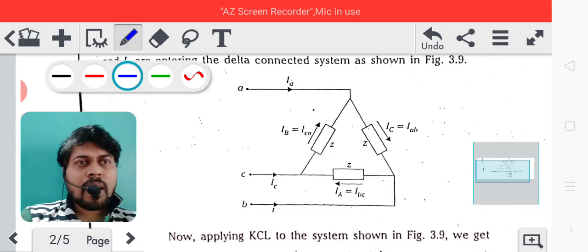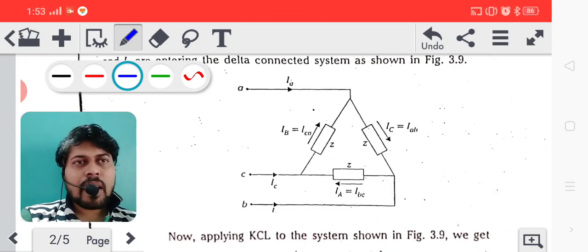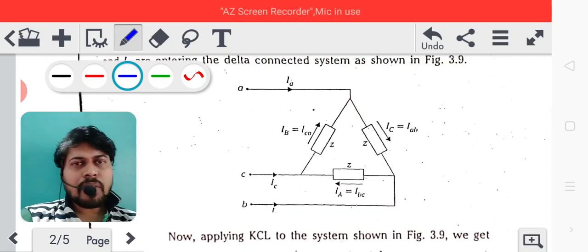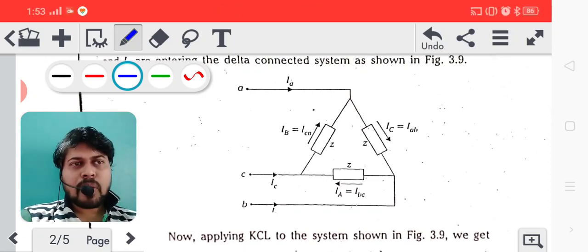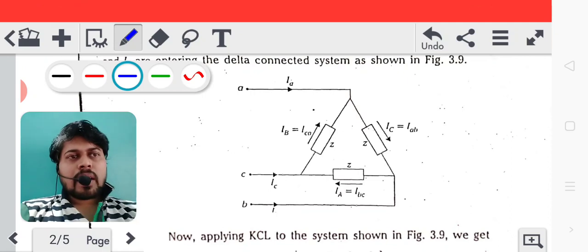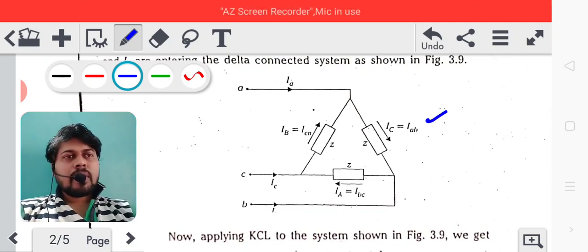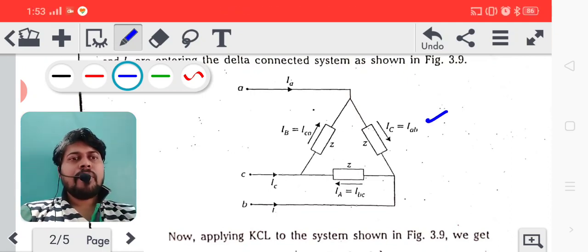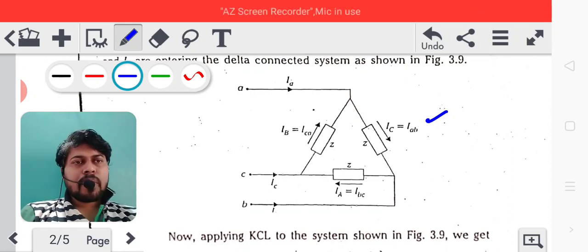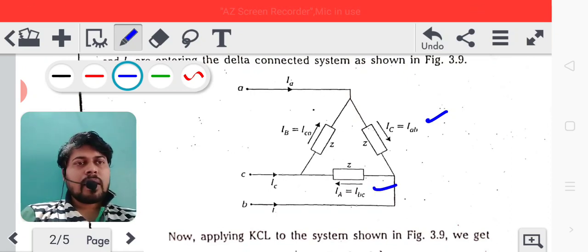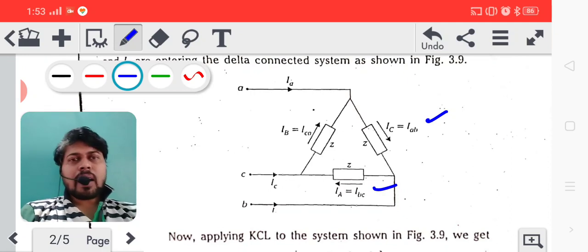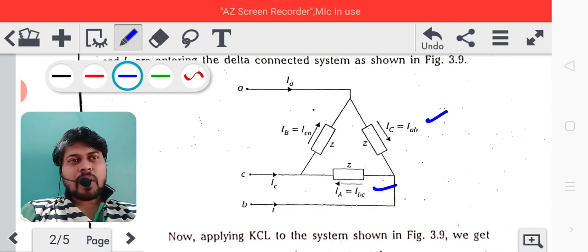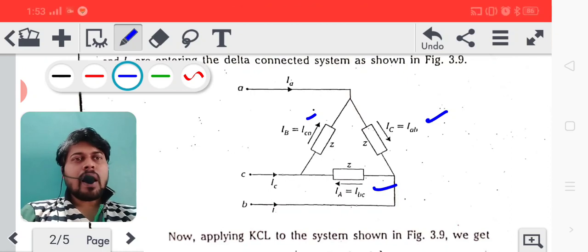Let us consider a delta connected system where line currents IA, IB, IC are entering the delta connected system. Here, the delta current moving from vertex A to B is IAB, the current moving from vertex B to C is IBC, and the delta current moving from vertex C to A is ICA.